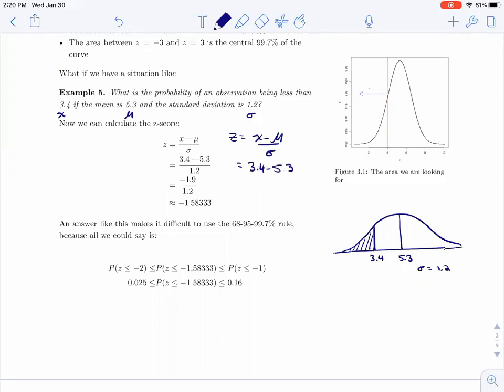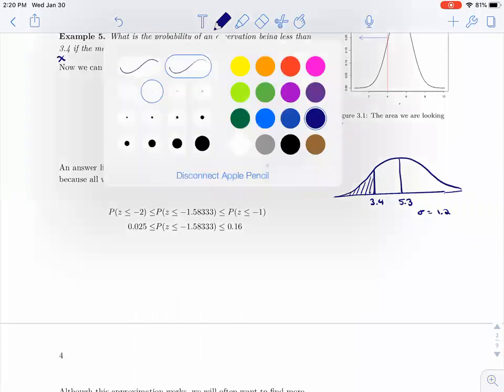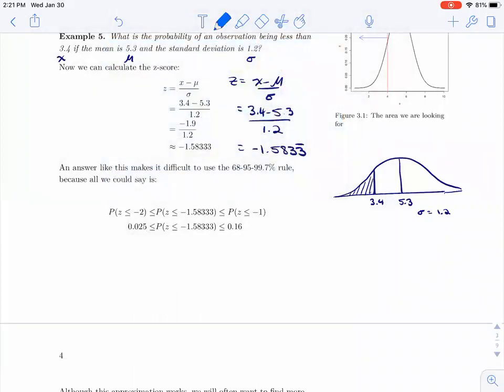3.4 minus 5.3 over 1.2. And I'll just skip to it. It's negative 1.583 repeating. So what we can do, just use a different color here.